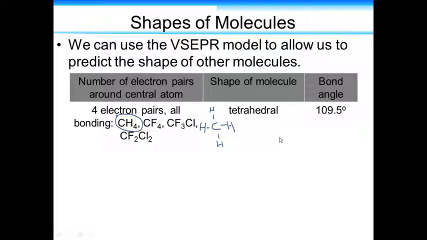In 3 dimensions, those pairs can be farther apart because, and I'm using this to show the hydrogen going into the plane of the screen, those dashed lines, and then the wedge coming out of the screen.